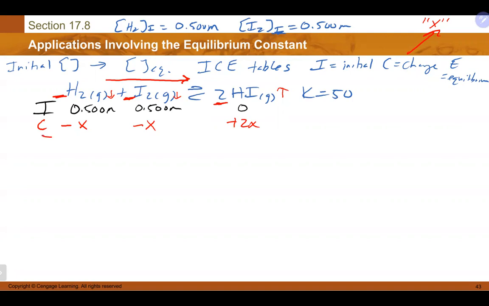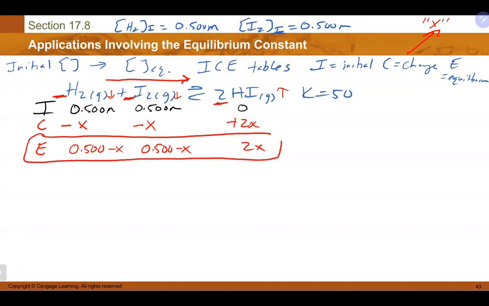Now, in this table, what we do is bring everything straight down. So 0.5 minus X, 0.5 minus X, and 2X. This line here represents the equilibrium concentrations of everybody. There is one thing missing for us to figure that out, which is X. So what we need to do is find what X is.